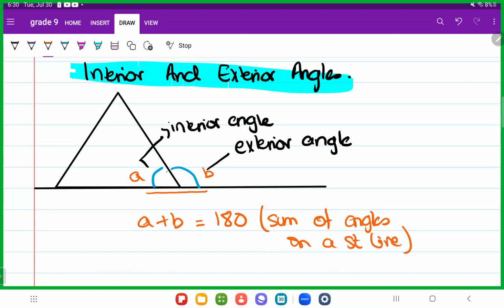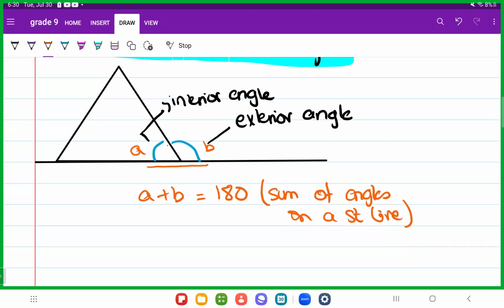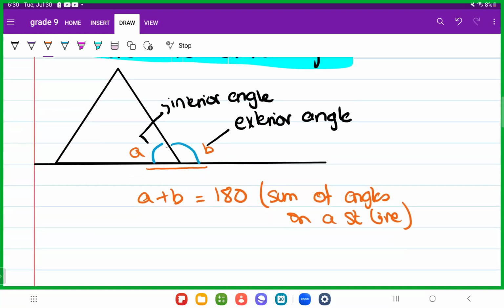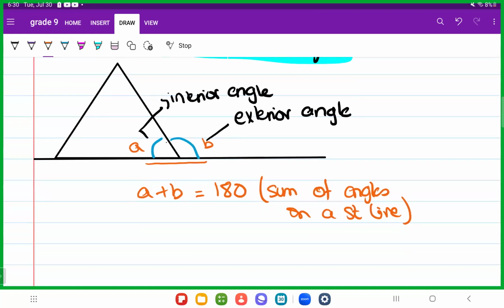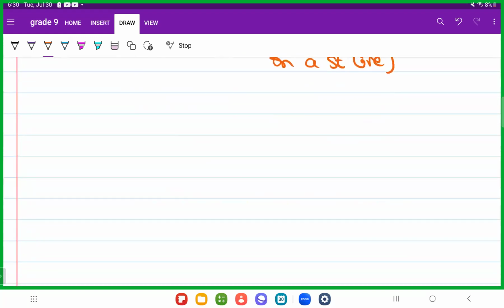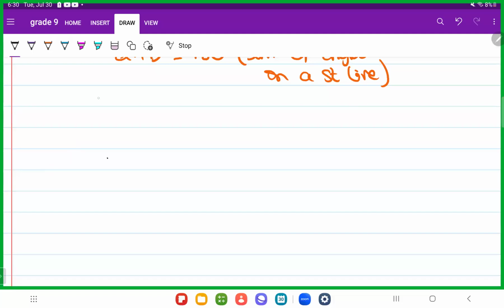Let's look at a question. So whenever talking about interior and exterior angles, you have to know that if there are three exterior angles, for example, in a triangle, so for example, this is my triangle.